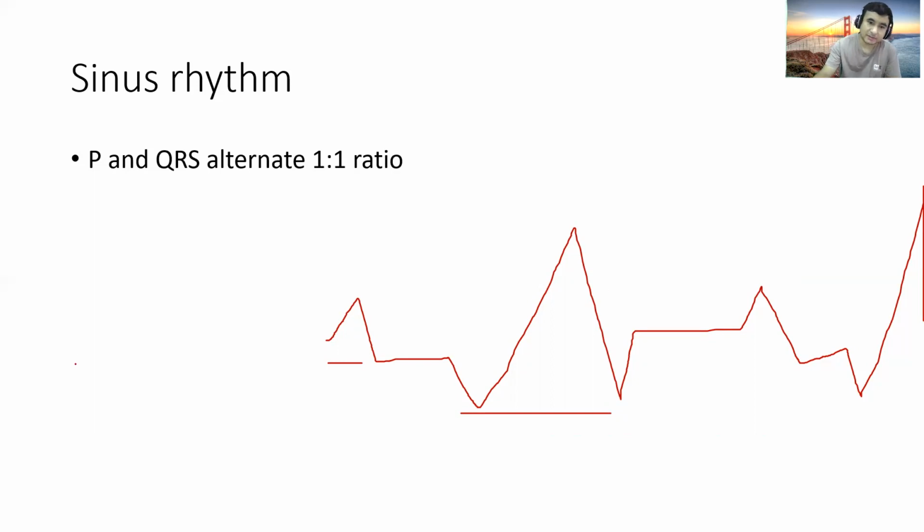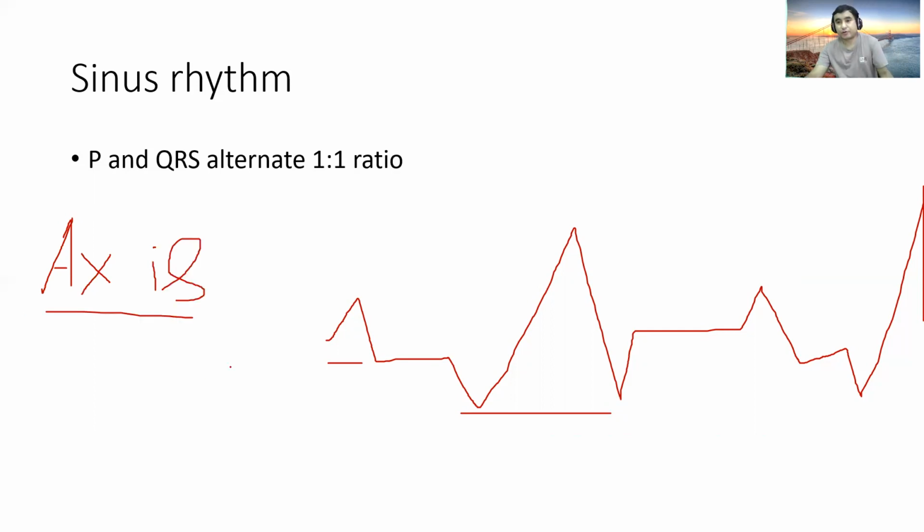We will also talk about the axis, because I think I forgot to mention the axis in this presentation. So how do we draw the axis? Suppose this is lead I, and this one is aVF, in the hexagonal system.